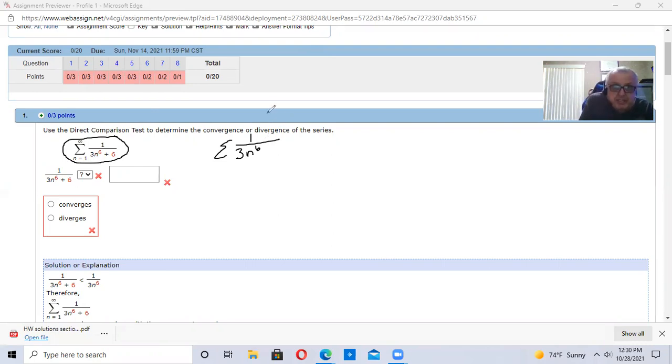This is a p-series problem. This is not. But we can determine whether the p-series converges or not. First thing we have to determine is if our simpler one is larger than the more complex problem. In other words, is this true?